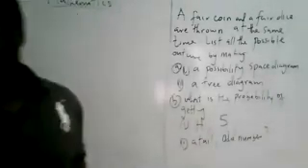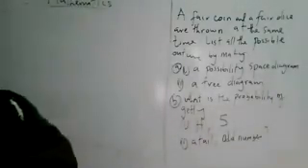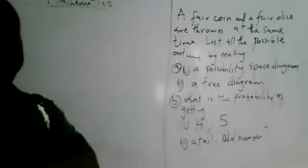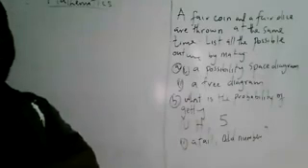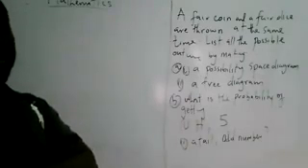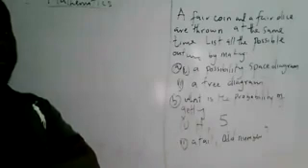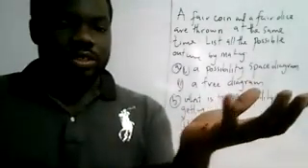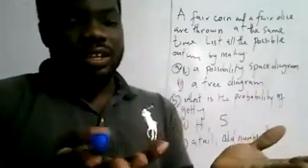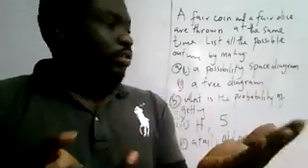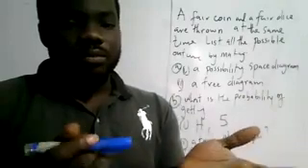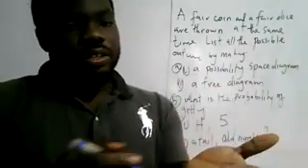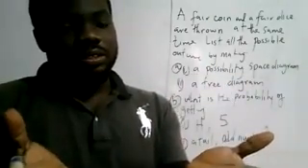Now, let's take a look at the question again. It said, a fair coin and a fair die are thrown at the same time. You have a coin in one hand, a die in the other hand.